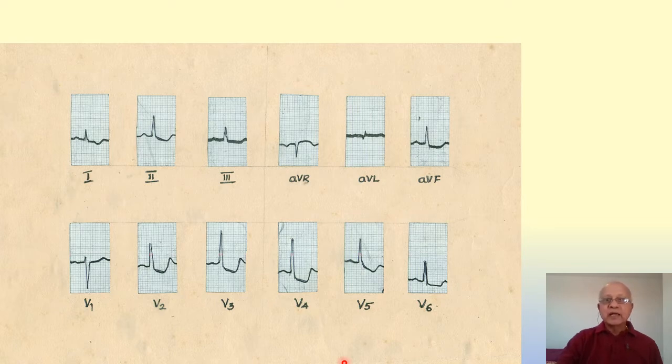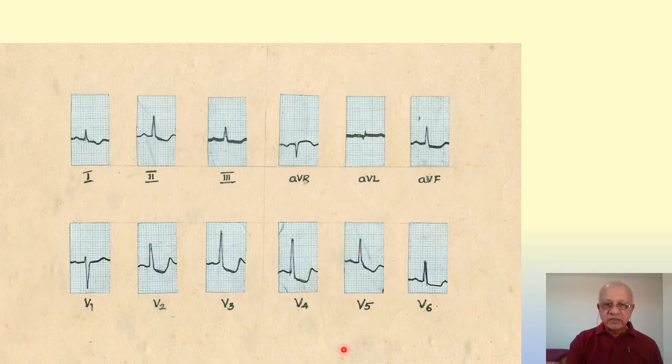You may think that this ST depression looks like that of a digoxin effect, isn't it? If you remember, in one of our last quizzes, I showed you digoxin effect. This looks almost like that. So how do you distinguish it? That is why I always say that to distinguish this, clinical circumstances are important. That is why in my initial classes I stressed that an ECG should always be interpreted in the light of clinical symptoms and findings and not alone.